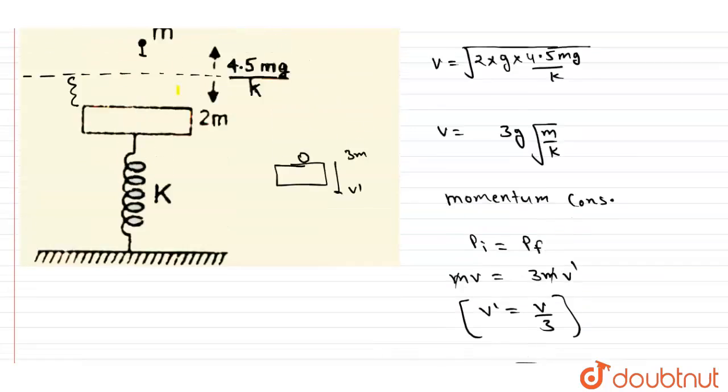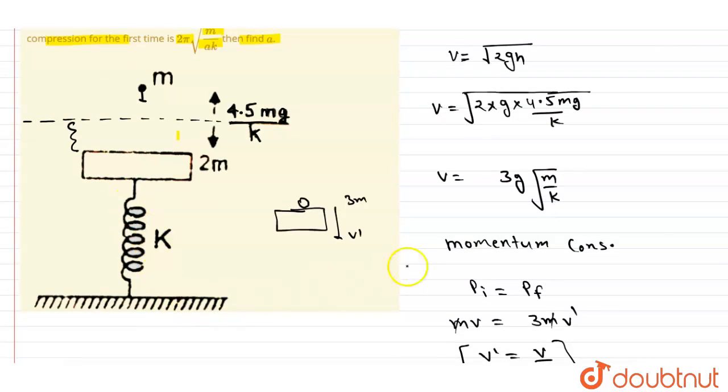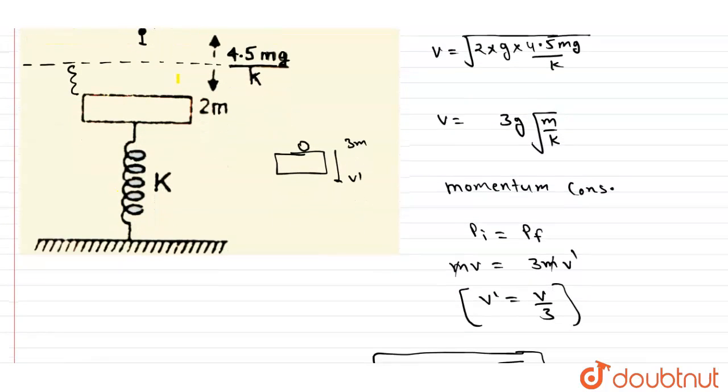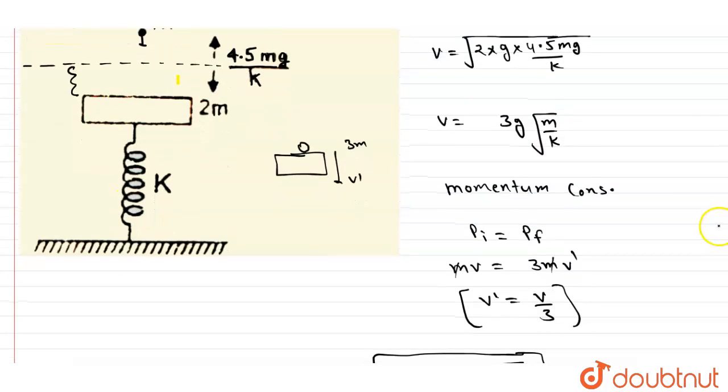Now to find this equilibrium position, let us consider the forces acting on the plank: 2 mg due to the box which is connected to the spring, and the spring force kx, which is the restoring force.